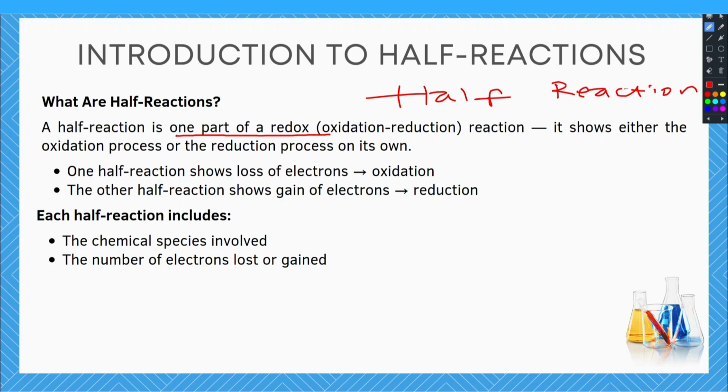Now, it's just like having maybe an orange. All right, pardon my drawing skills. Okay, maybe having just this is an orange now, and then you divide it into two. So a redox reaction is much like this orange. One part shows oxidation, while the other part shows reduction.